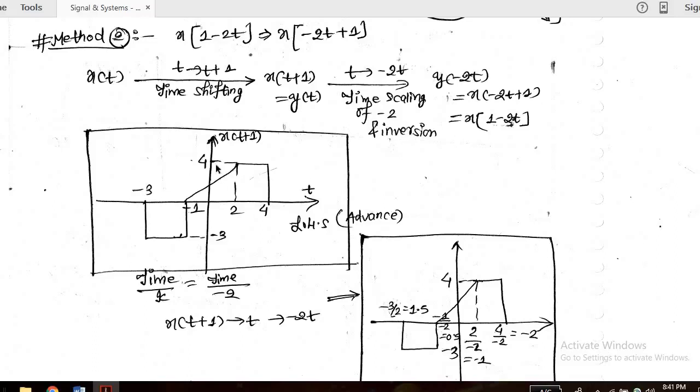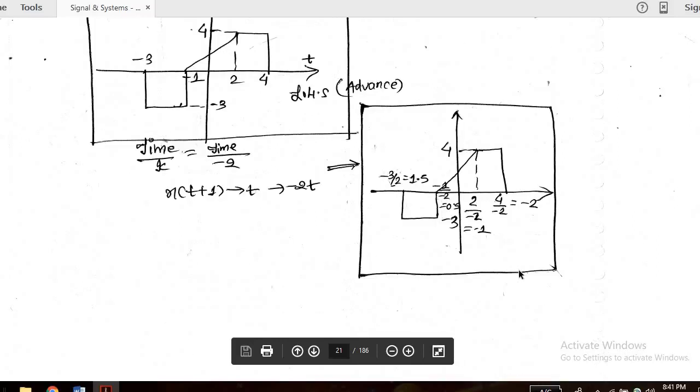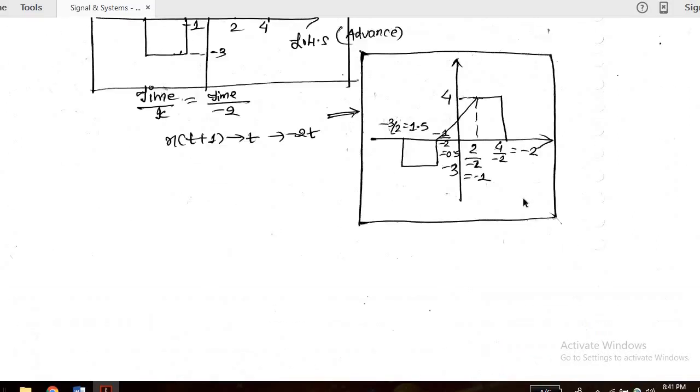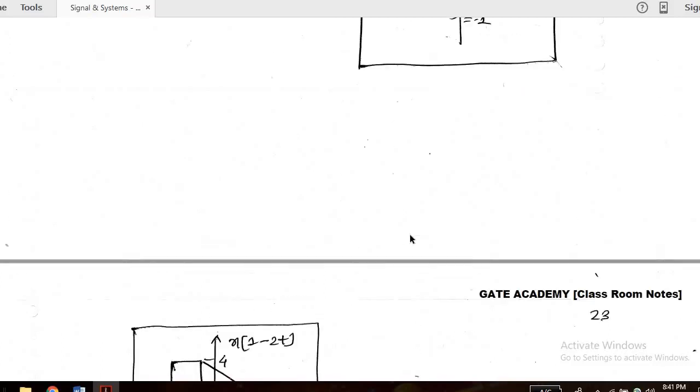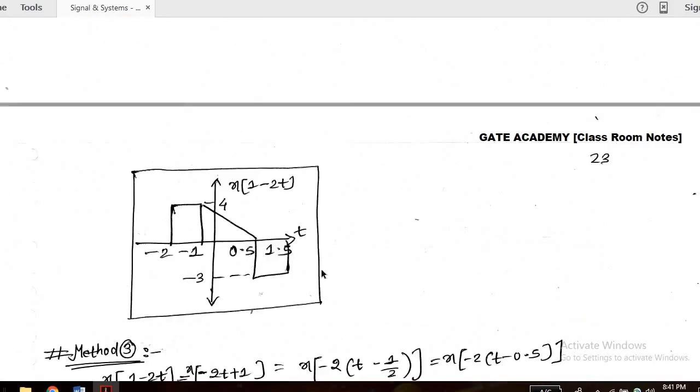That is, you flip the signal with respect to the y axis. This entire portion is drawn on the right side, and this entire portion on the left side. Apart from that you need to do the scaling by 2. So first we performed scaling by minus 2 directly here. If you see the next step, the flipping is done. You can do it in this fashion directly, or you can first divide by 2 and then flip the resultant signal.